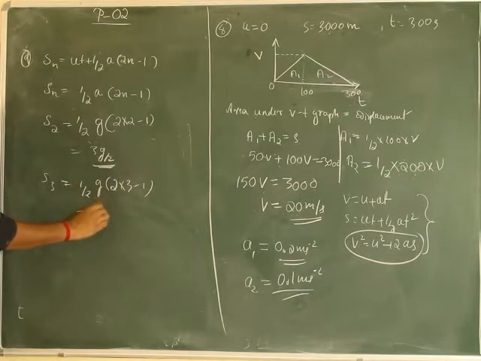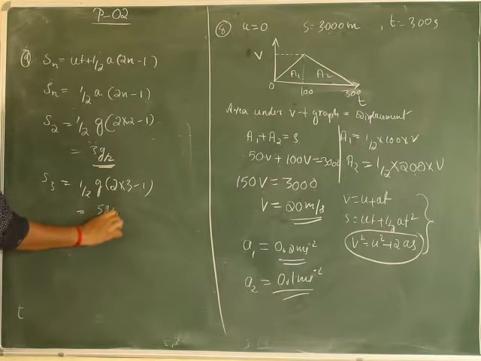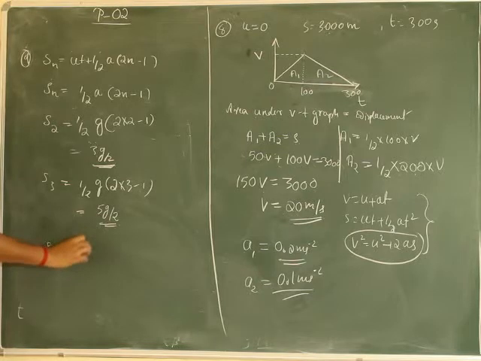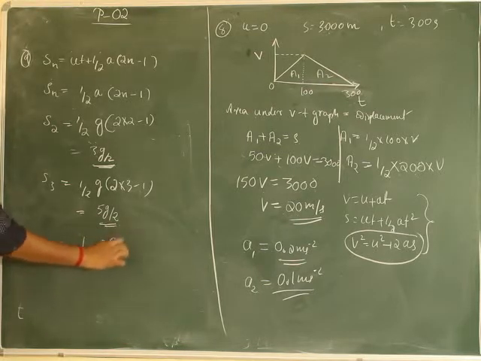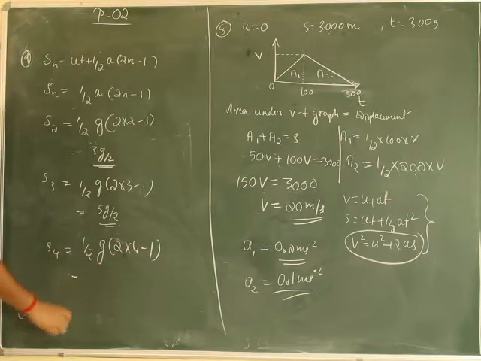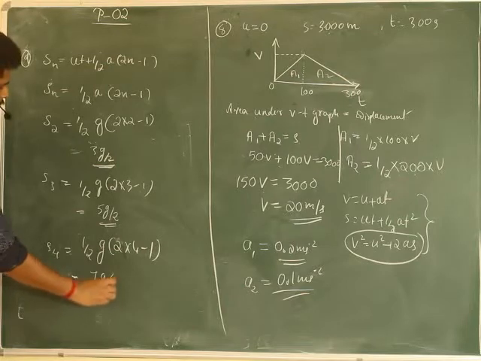That becomes 6, so 5g by 2. Next, for the fourth second, S4 equals half into g into 2 into 4 minus 1. So the answer is 7g by 2.